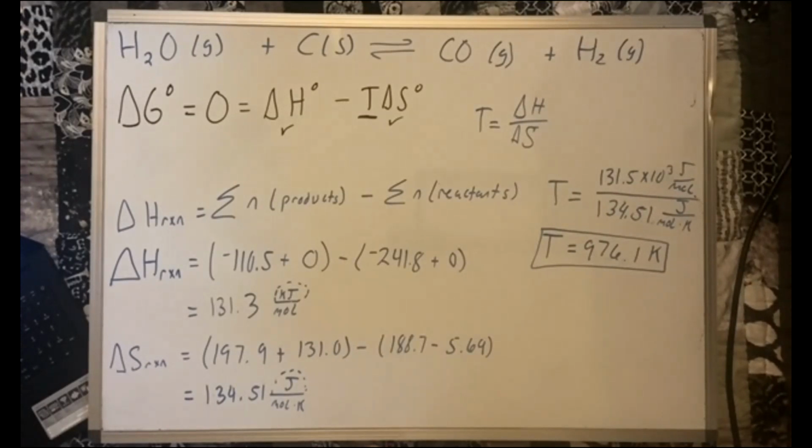That kind of makes sense. Got it. Cool. So this is what you're going to be doing anytime it asks you, like, at what temperature does this become spontaneous? At what temperature is the forward reaction favored? At what temperature does this reaction become non-spontaneous?